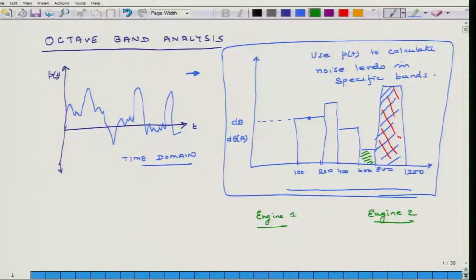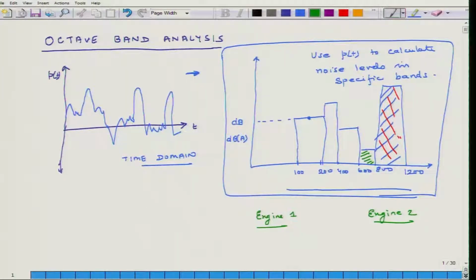Once again, the interest is not only to look at one single number, but they will make a plot like this for engine 1 and a similar plot like this for engine 2, and then they will compare that, okay, in this particular band, 100 to 200 hertz band, engine 1 has more noise, engine 2 has less noise. In 200 to 400 hertz band, engine 2 has more noise, engine 1 has less noise.